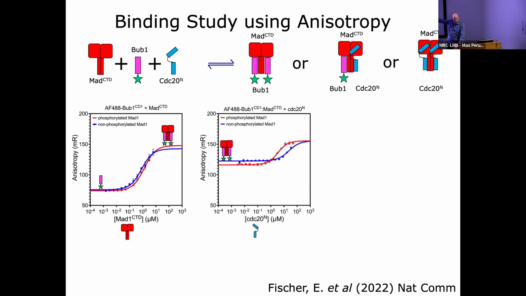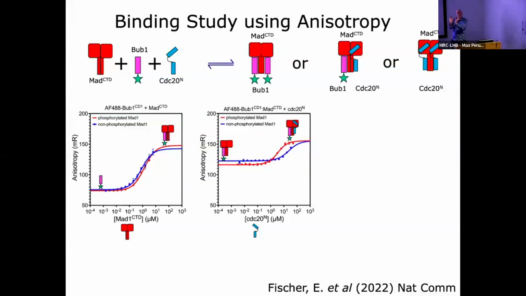When we then titrate in the CDC20, if there was a competition for both sites, you'd expect the BUB1 to be displaced, and so you'd get a decrease in the polarization. But that's not what we saw. We saw an increase. It meant that the model actually had to be this.